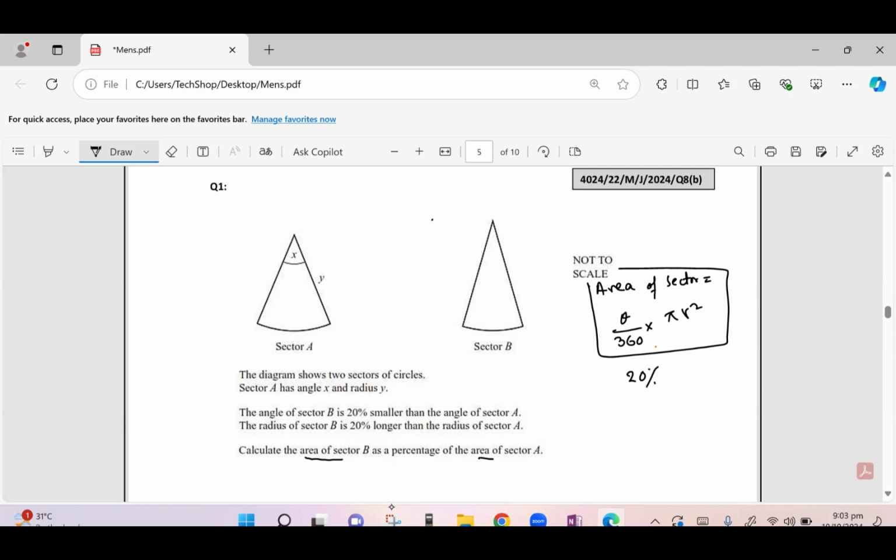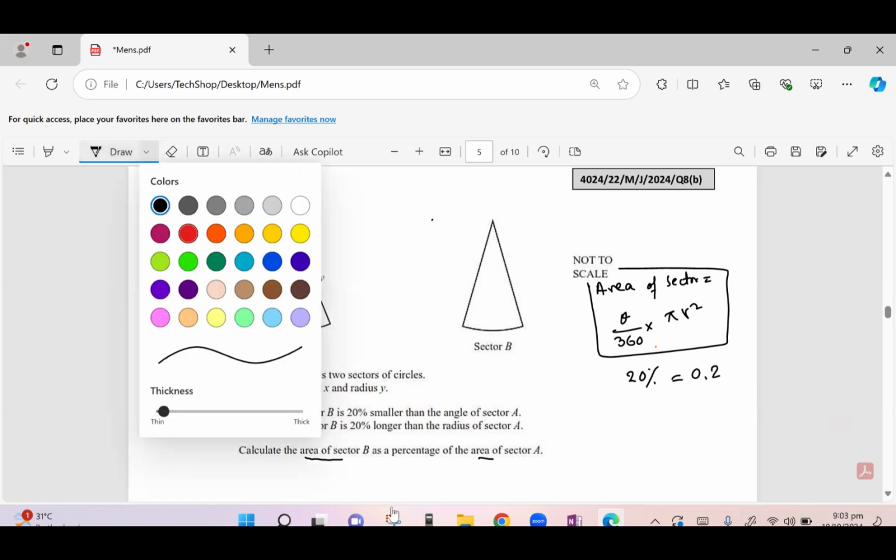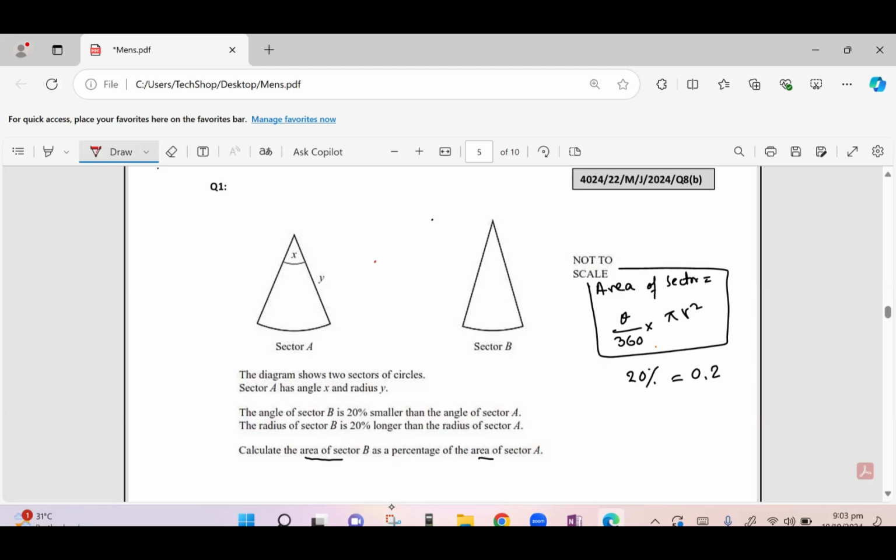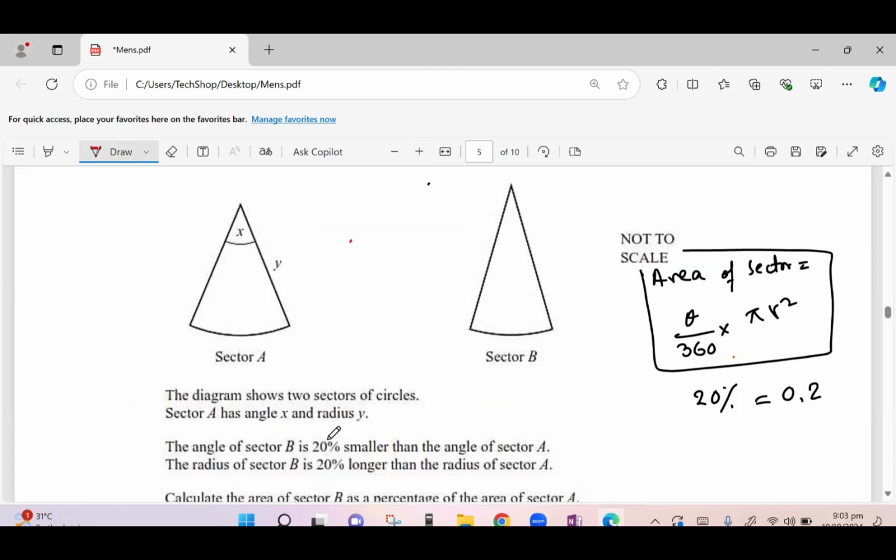Now, what is the meaning of 20%? 20% in decimal is 0.2. First you have to write down all the information. The angle of sector B is 20% smaller than the angle of sector A. The angle of sector A is x, and this is the angle of sector B, which is 20% smaller than x.